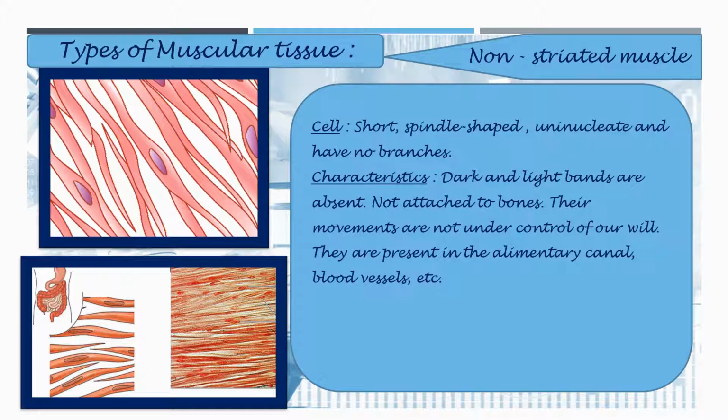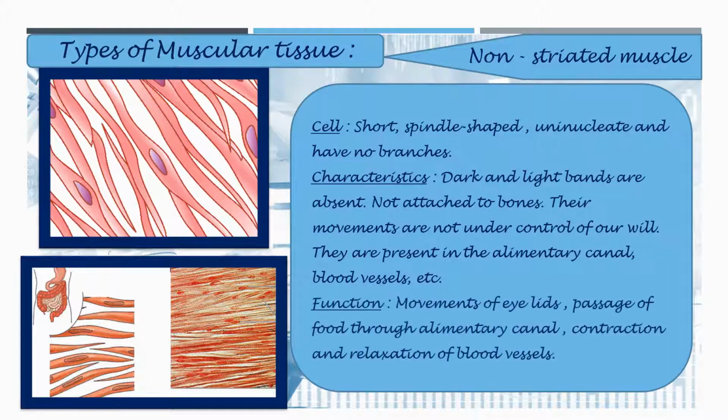They are present in the alimentary canal, blood vessels, etc. The functions of non-striated muscle are movement of eyelids, passage of food through the alimentary canal, and contraction and relaxation of blood vessels.